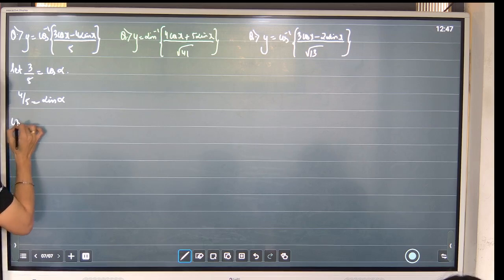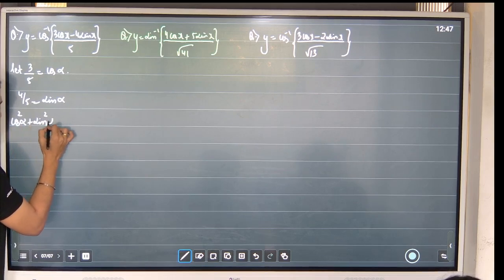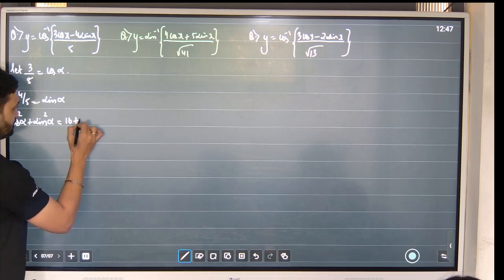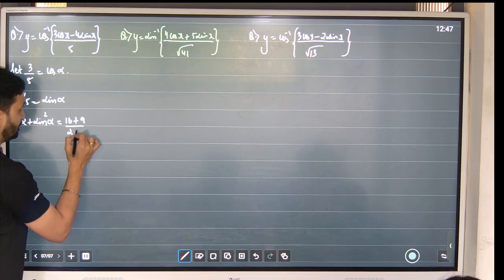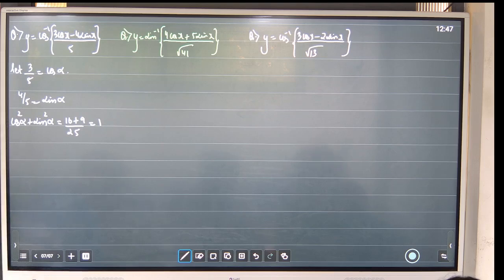So I check what is the answer for cos square alpha plus sin square alpha, which will become 16 plus 9 upon 25. So the answer is 1. Therefore my assumption is correct. Have you guys understood this?